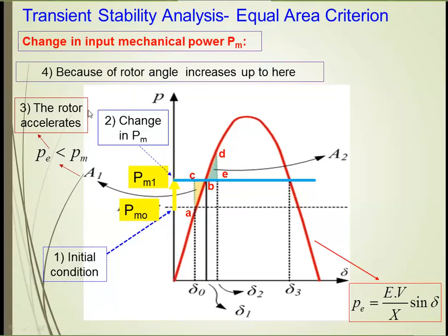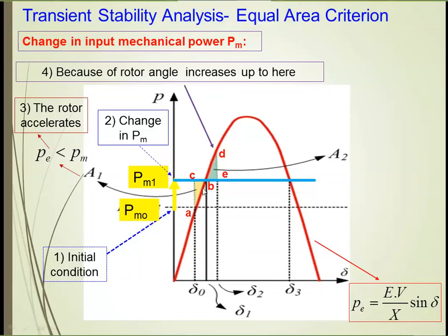And now, if you have PM greater than PE and the rotor accelerates, that means rotor speed will increase, and as a result, what happens? Rotor angle will now move towards this side, on this line actually, right? And because of this, rotor angle will continue to increase here, right?